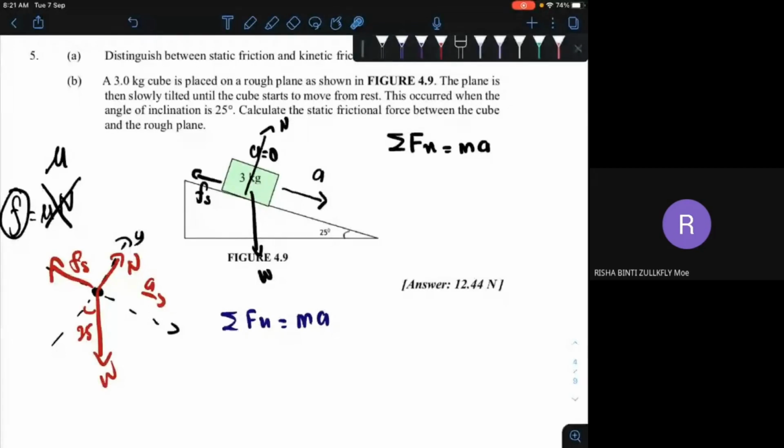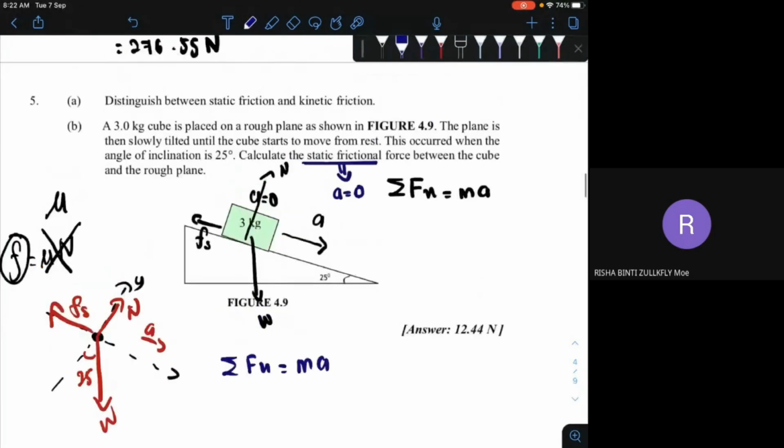Kalau kamu perasan, soalan kata calculate the static frictional force. Kalau kita tengok by definition, it's about to move. Belum gerak lagi. Dia baru nak bergerak, dia belum bergerak. So at this particular point, kita masih berada dalam keadaan rest. Belum ada acceleration lagi. Sebab dia adalah static friction, A kita dekat sini akan jadi kosong because it is about to move.